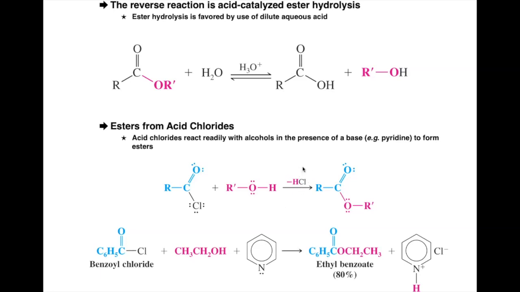Kasi masyadong acidic yan. So, para matanggal yung acid, naglalagay lang. Okay? So for example, benzoyl chloride plus ethanol in the presence of pyridine, you form your ethyl benzoate.